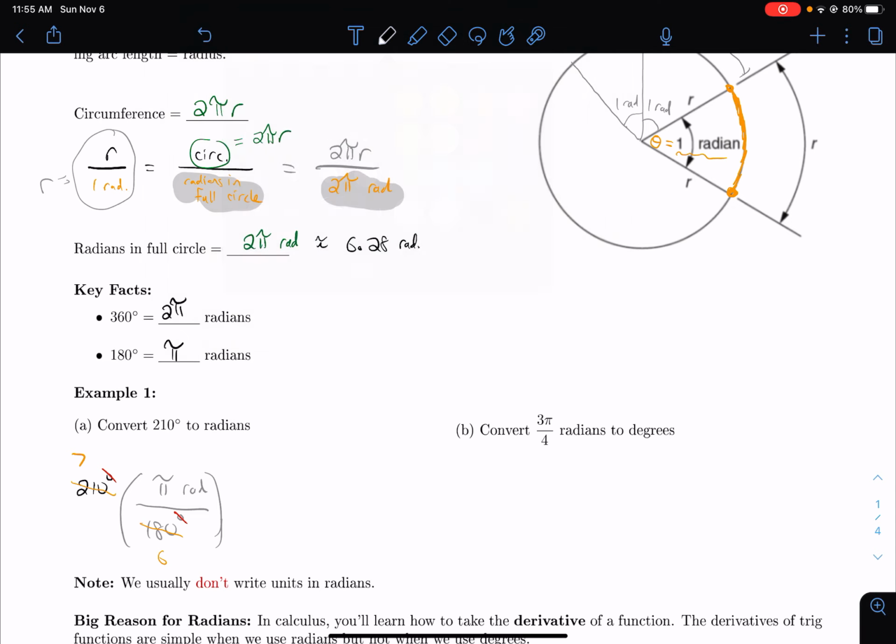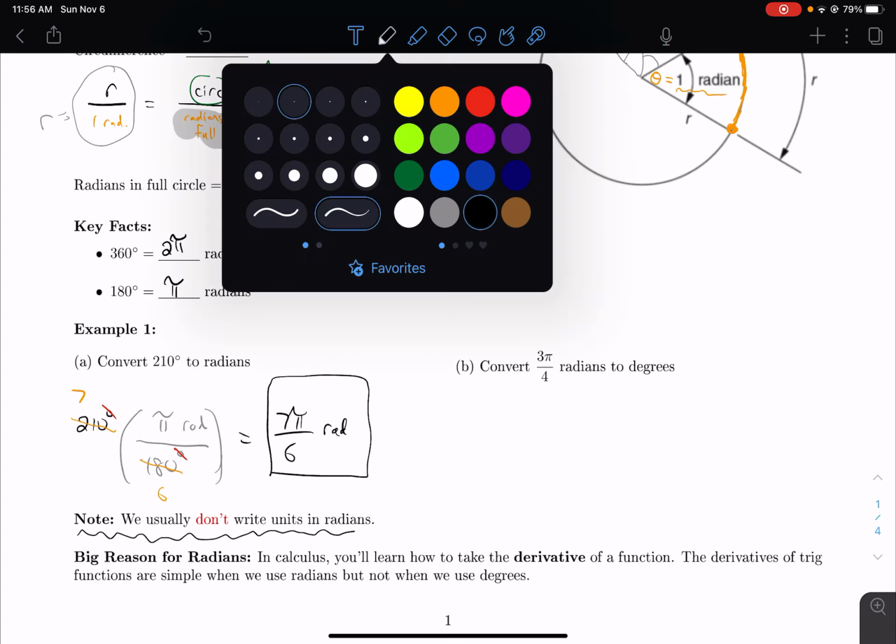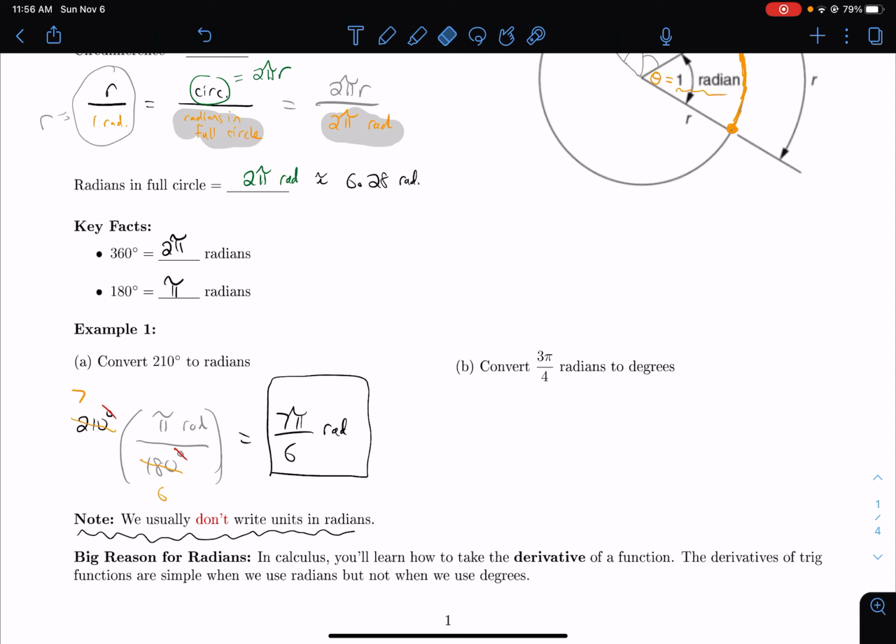Multiplying, I get 7 pi over 6, and the units left are radians. So 210 degrees is 7 pi over 6 radians. We usually don't write our units in radians, so normally we would see this simply written as 7 pi over 6. When I see no units there, it's implied that the units are radians.